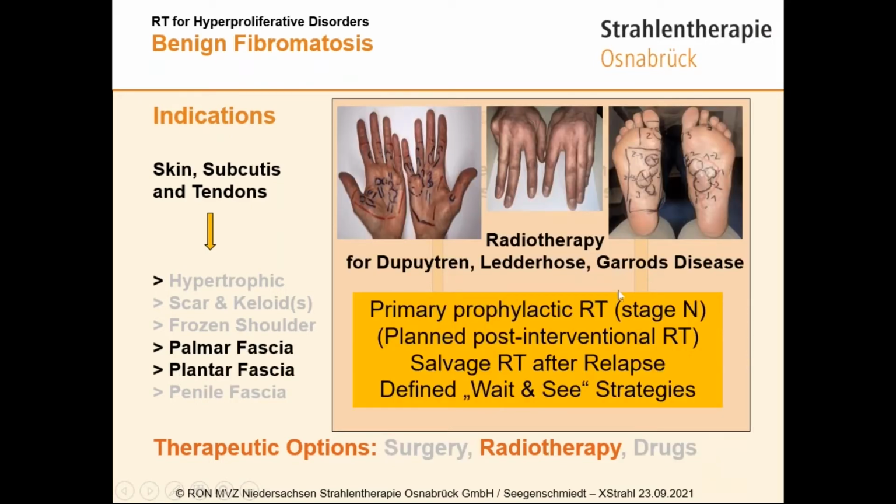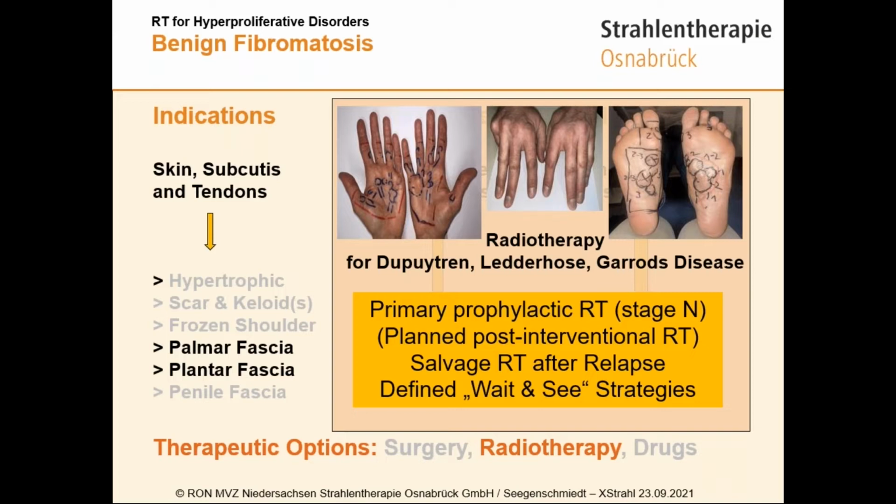In Dupuytren's, Ledderhose, and Garrod's disease, which resembles knuckle pads, primary prophylactic radiotherapy is the major indication. It is usually used in the early stage where only nodules and cords are present. In some situations, radiotherapy may be used as a post-interventional device after needle fasciectomy, collagenase injection, or limited open fasciectomy.